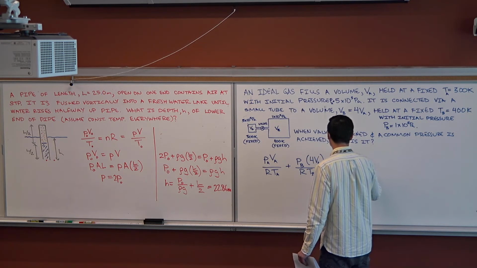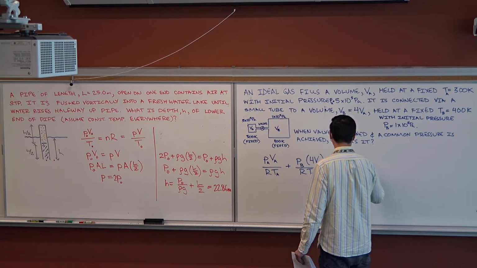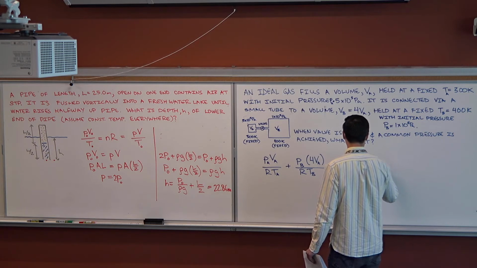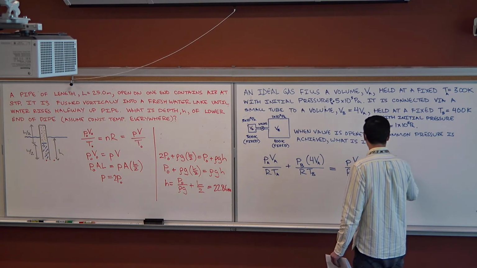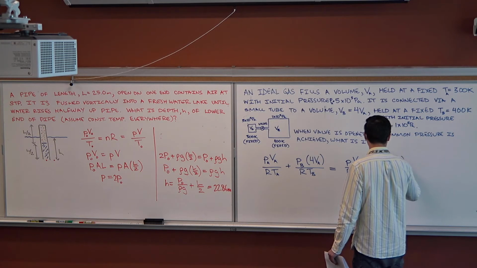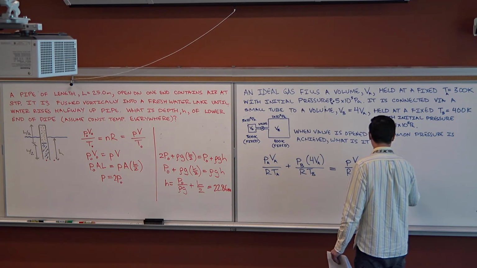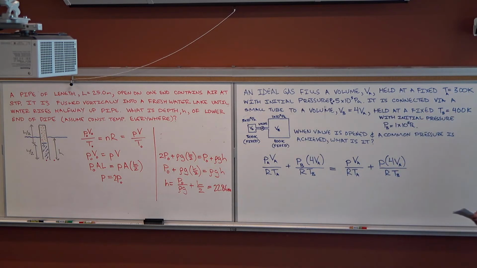And the other stuff remains fixed, right? Note that they all have a VA in them and an R. So I could divide through by VA over R.